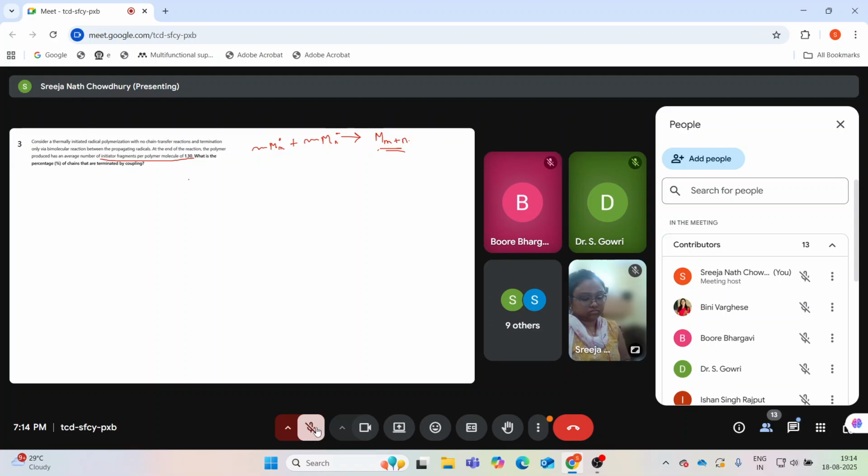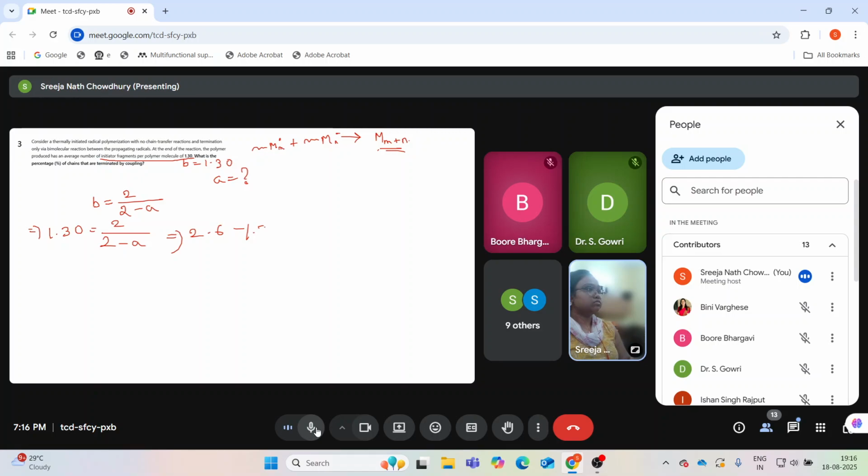This will give you 2.6 minus 1.3A is equals to 2. 2.6 minus 2 equals to 1.3A. This is 0.6, 1.3A equals to 0.6 by 1.3.